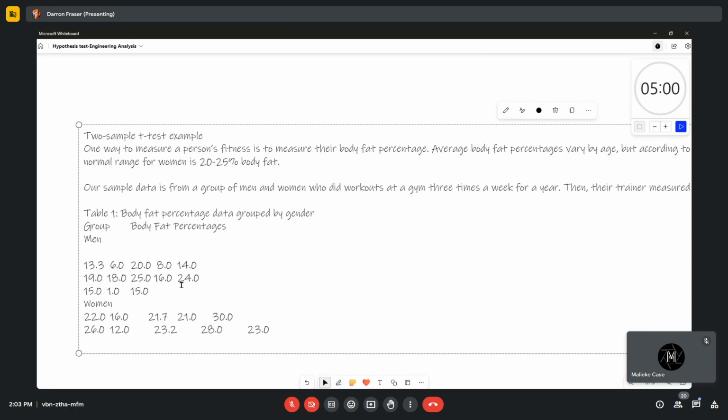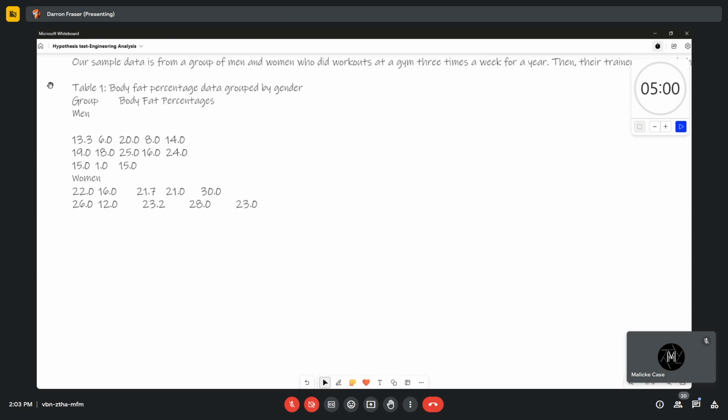The question says that they want to find out if statistically the body fats are equal. Well, let me do that first because that is an easier question to do.